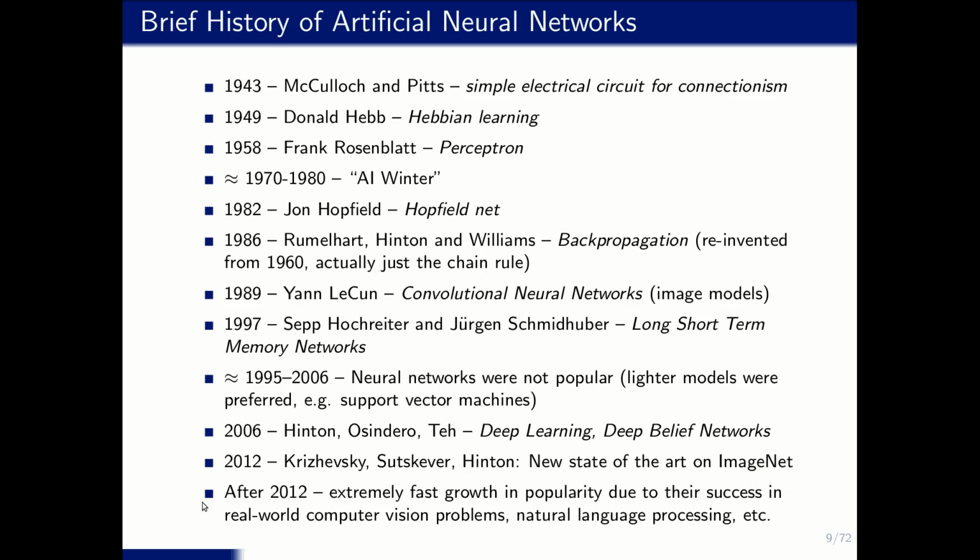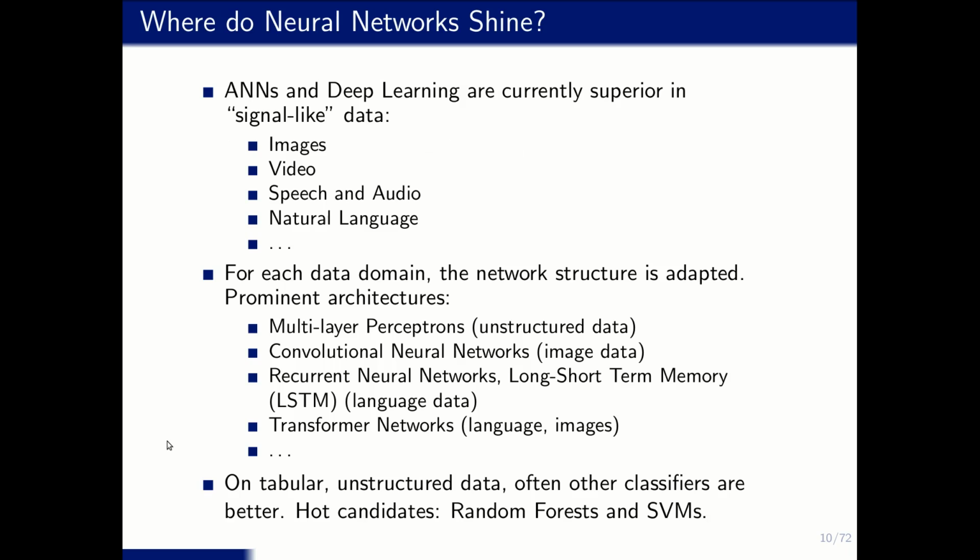And after that, in the last decade, we saw an extremely fast growth of deep neural networks and a lot of interest and many success stories, since they are able to solve a lot of real-world problems. So this was a brief history of artificial neural networks.